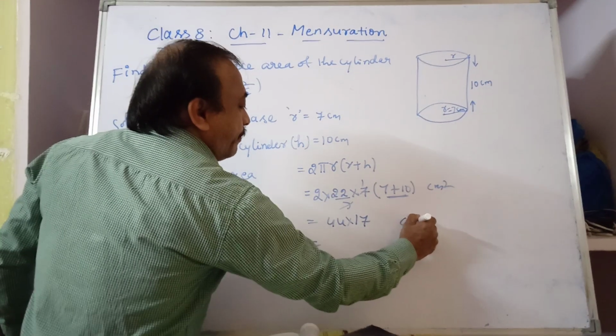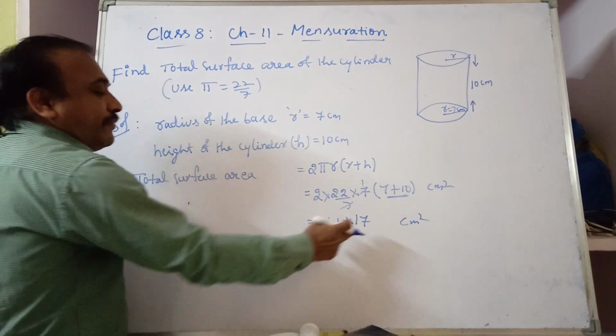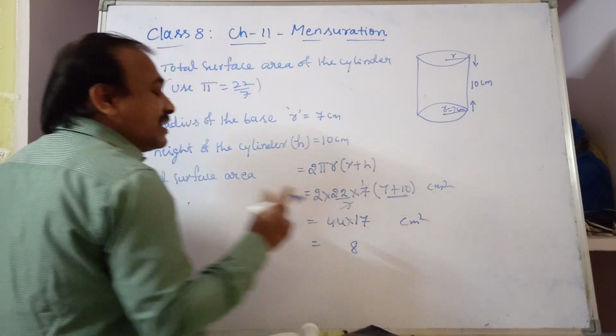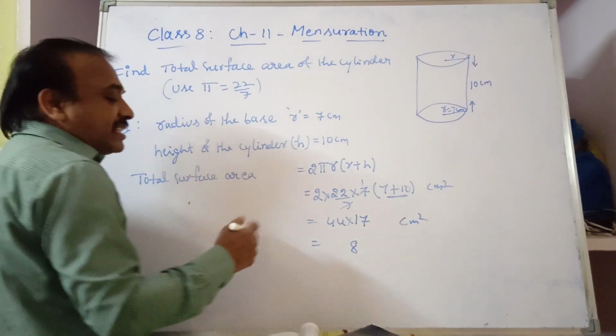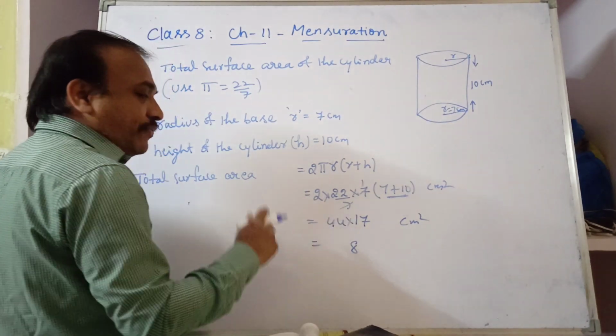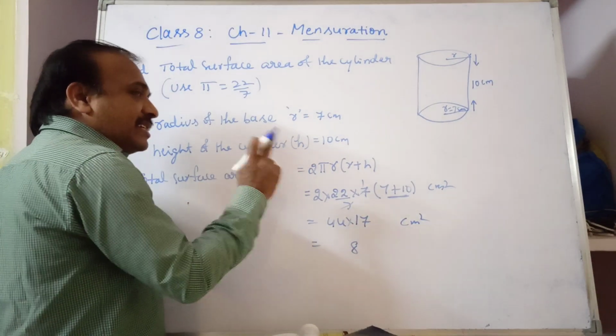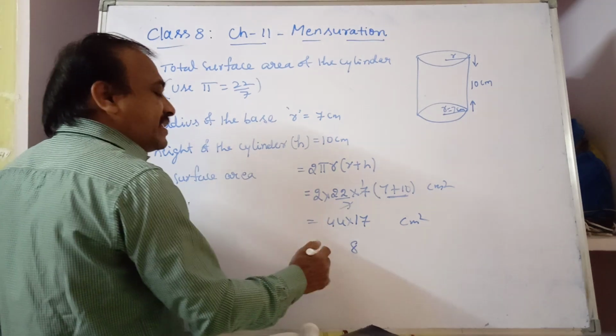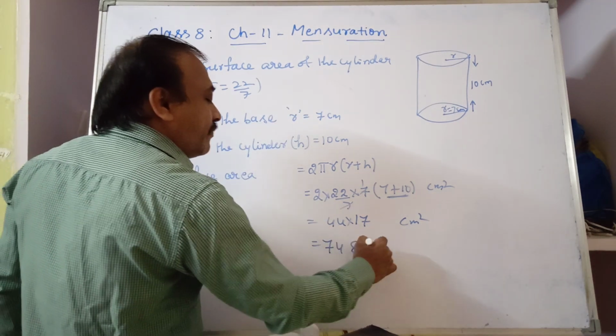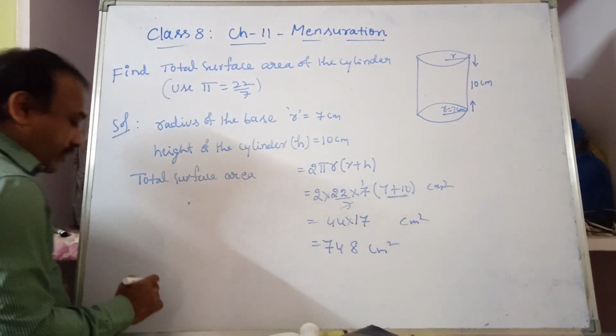centimeter square. 17 into 44, 17 fours are 68, 6 remains. 17 fours are 68 plus 6, 74, 748 centimeter square.